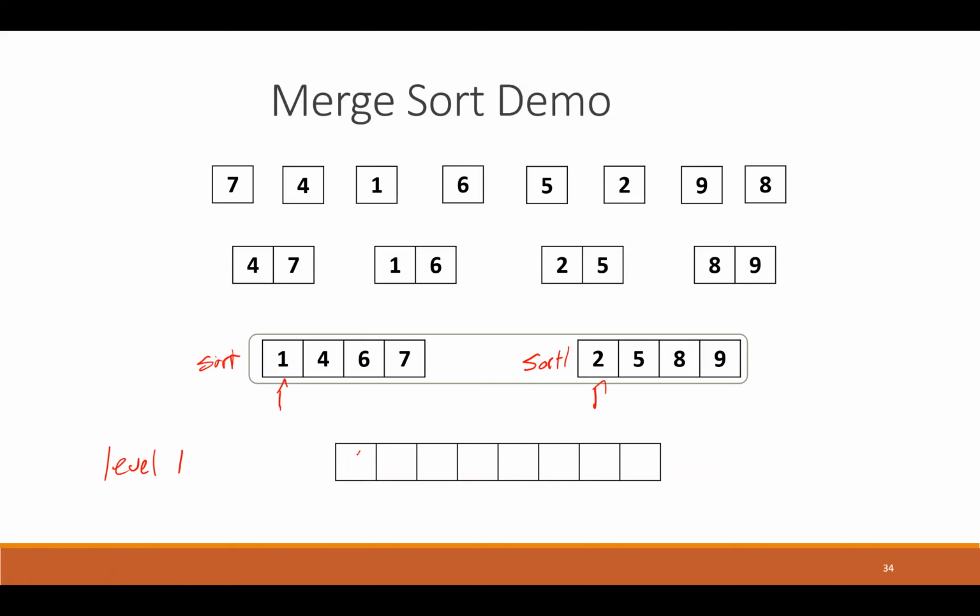So 1 is less than 2, 2 is less than 4, 4 is less than 5, 5 is less than 6, 6 is less than 7, 7 is less than 8, and then I'm left with simply 8 and 9. So that is merge sort, a short example in its entirety. Any questions on that?